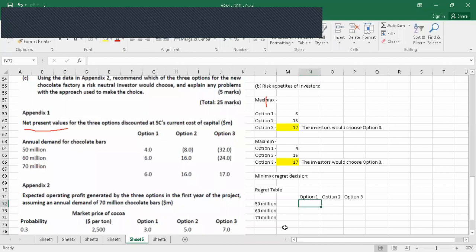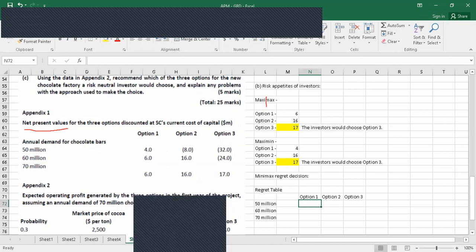How to prepare a regret table? So regret table will go like this. See, there are 3 situations where the demand is 50 million, 60 million, 70 million.